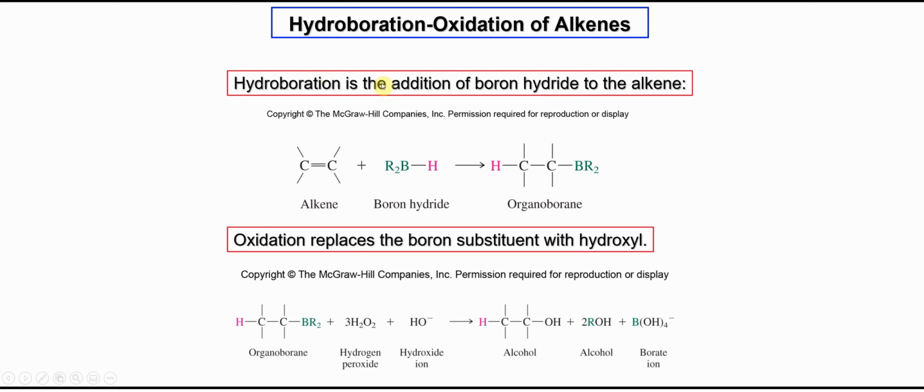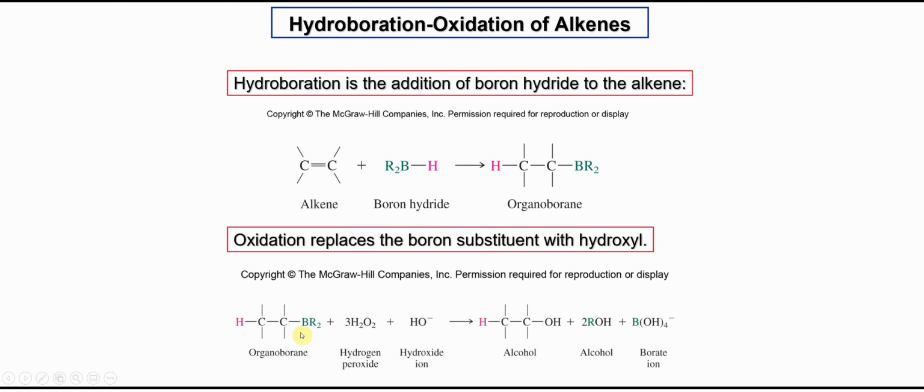Hydroboration reaction is the addition reaction of your borane to your alkene. You are going to form an organoborane. This organoborane is going to be subjected to the oxidation reaction. The oxidation reaction of your organoborane will replace the boron substituents.